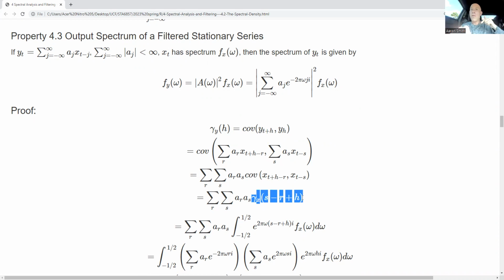So I know that this is what I get back when I apply the Fourier transform on the spectral density of x. So boom, I'm going to invoke that. So I take this autocovariance, I convert it over to its representation as the Fourier transform of the spectral density.